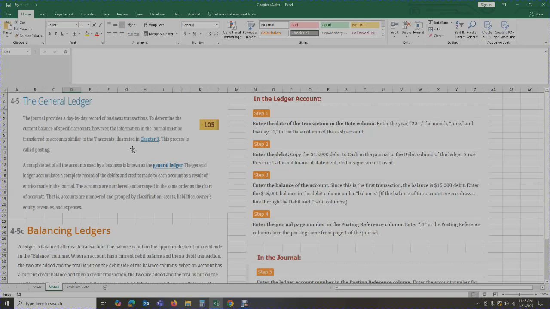Now, this is the manual process that is done. In the real world, we use technology. For those students that are going to be taking QuickBooks or are majoring in accounting and are going to be taking computerized accounting courses, you'll see how easy it is to transfer information from the journal to the ledger with a click of a button.